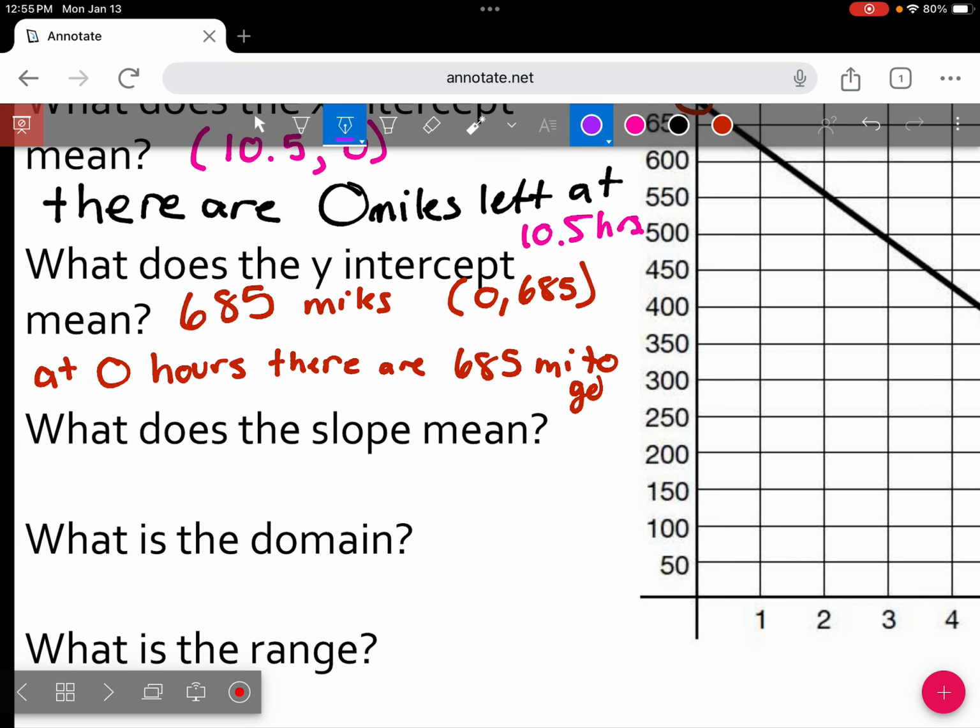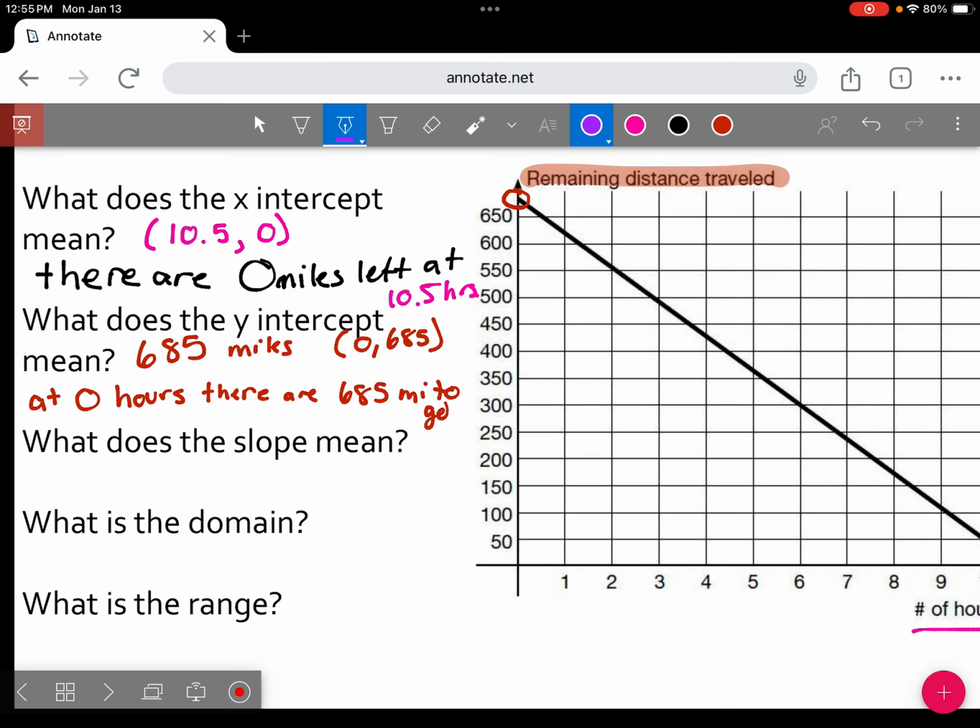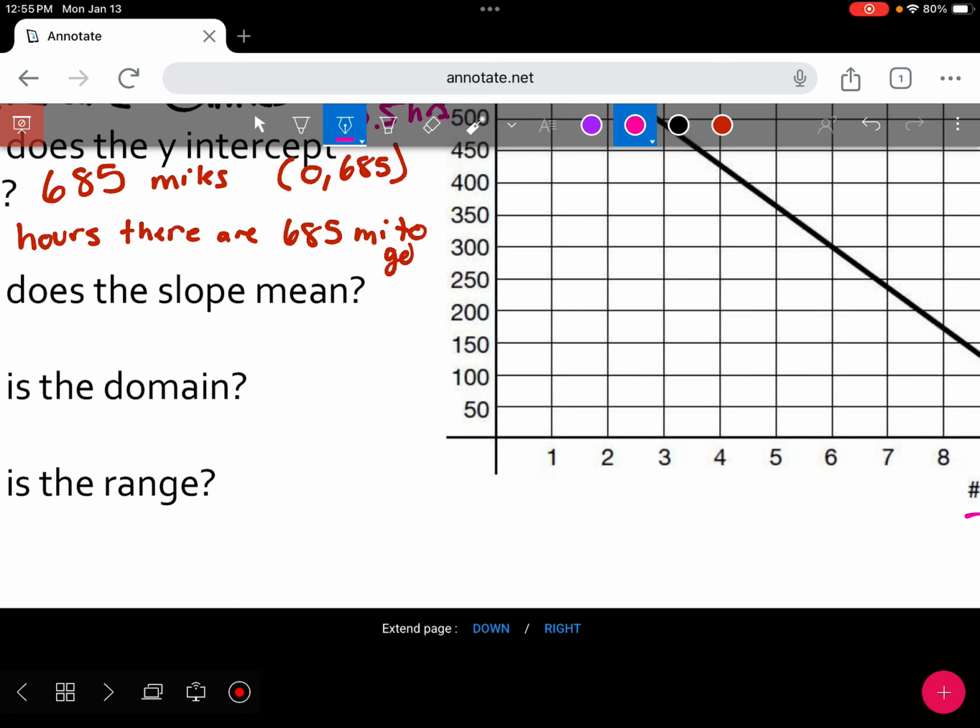All right, so now we have some different pieces here. A couple of pieces are, what is the slope and what does it mean? So what is the slope of this? 65.